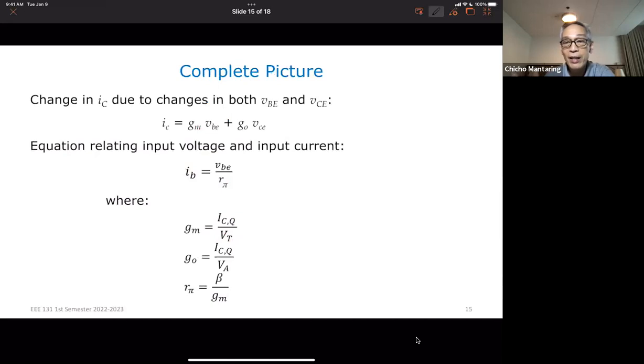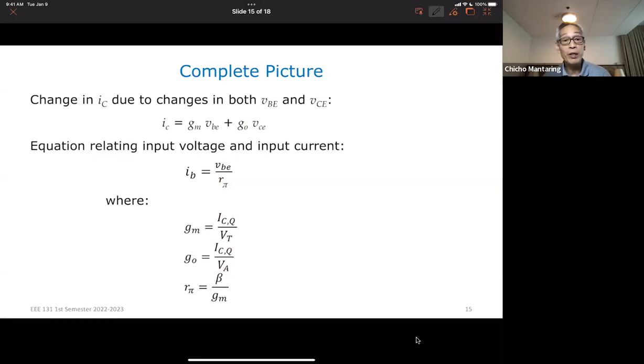For example, this is something that usually dapat alam nyo by heart when you're analyzing the circuits, these formulas, ano? G sub m is ICQ over V sub t, G sub o is ICQ over V sub a, then R pi is beta over G sub m. Hindi naman mahirap maalala. Okay? G sub m ICQ over V sub t, G sub o ICQ over V sub a, and then R pi is beta over G sub m.